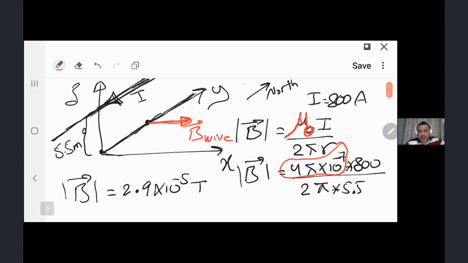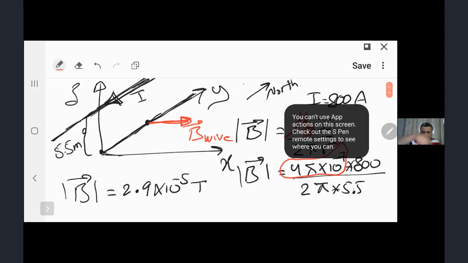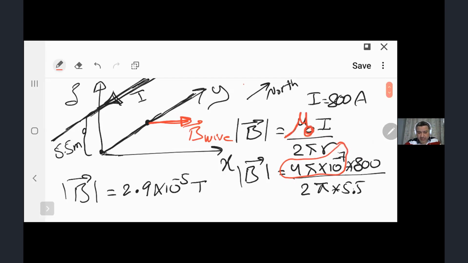Again, using the right hand rule, your thumb is pointing in the direction of the current, and your fingers curl in the direction of the magnetic field. In this case, this is my current going in this direction.